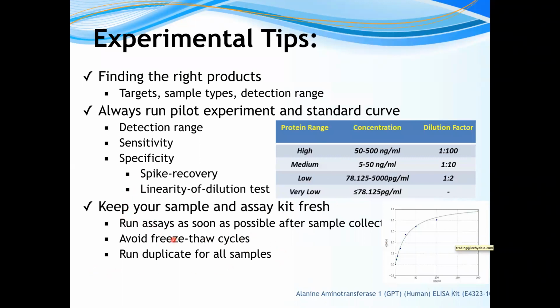We also recommend to run a standard curve each time. It's not that the standard curve should be run only once. Please run a standard curve each time you perform the experiment. These are some of the experimental tips that definitely help to improve the results and the performance of the kit.